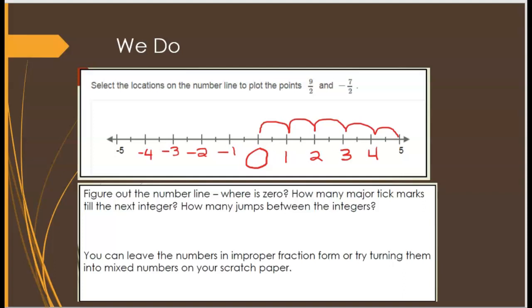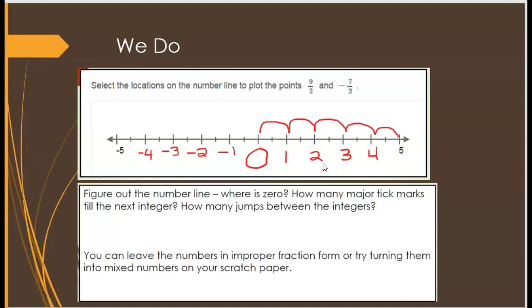So the numbers between 0 and 1, there's 1 tick mark in there. That breaks that space up into exactly 1/2. So each one of these tick marks is 1/2. So as we go to the right, it would be 1/2, 1, 1.5, 2, 2.5, 3, 3.5, 4, 4.5, 5.